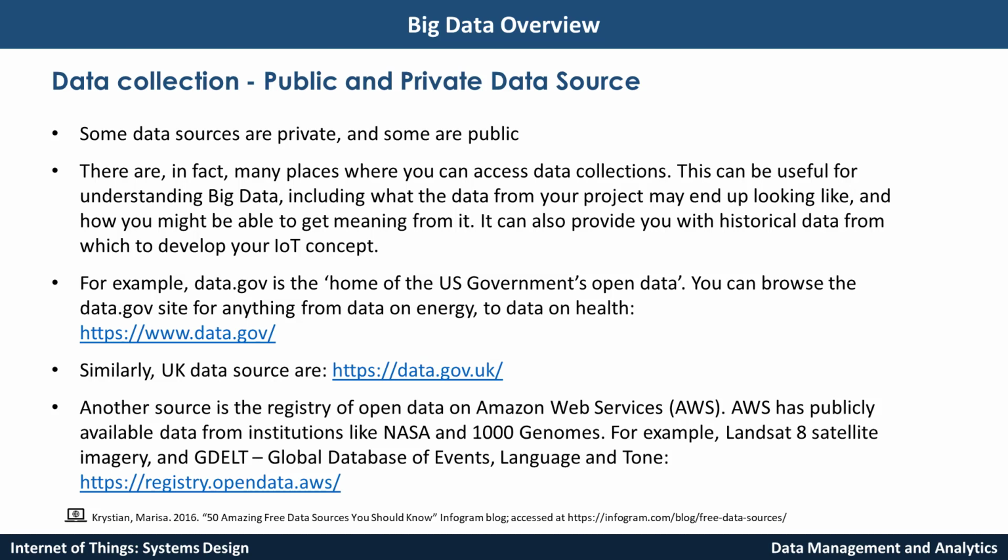The other data type is private data, where people own their own data. There is a lot of open data related to IoT as well, especially environmental sensors that collect data from large cities and geographical areas. You can access this data free of charge.